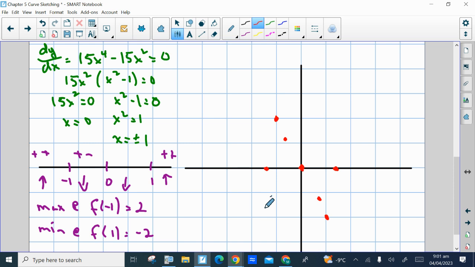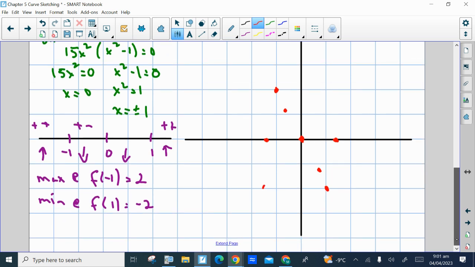Again, this function rises to the left and falls to the right. So it comes up to that maximum, there's a point of inflection there, point of inflection there, point of inflection there, down to the minimum, and then rises to the right.